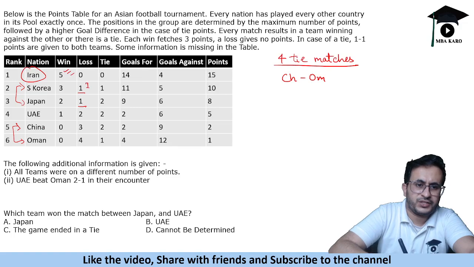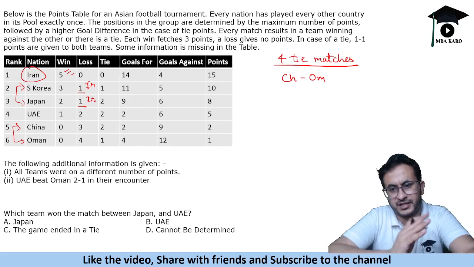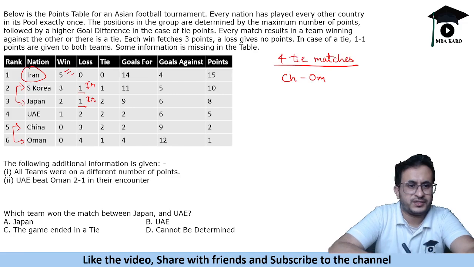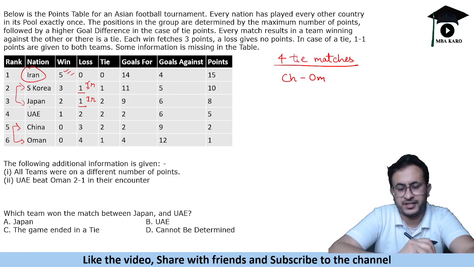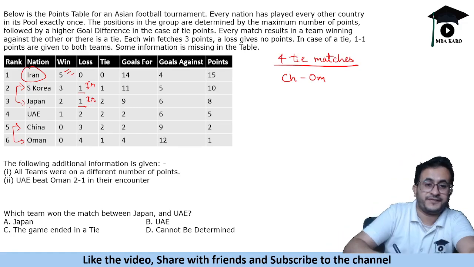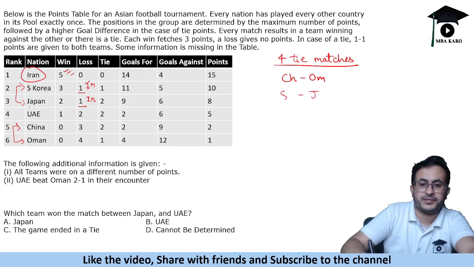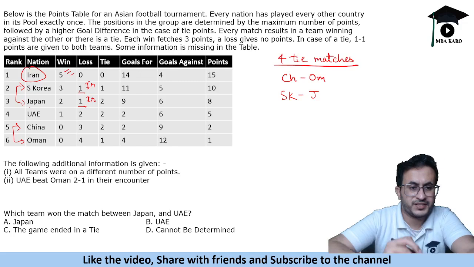So they lost against Iran. Both these losses come against Iran. So when South Korea and Japan play against each other, they cannot win a match, right? Because they have already lost 1 match against Iran. Okay, so they cannot have second loss. So that means South Korea versus Japan was a tie match. So South Korea versus Japan tie match.